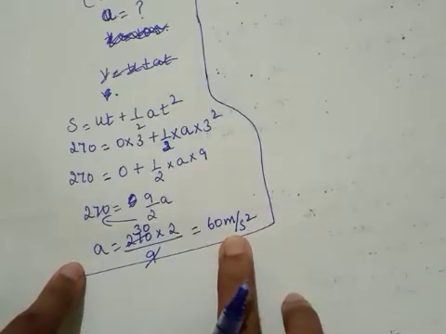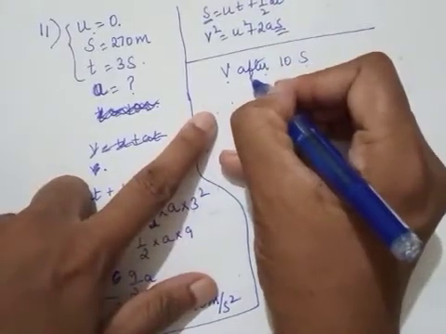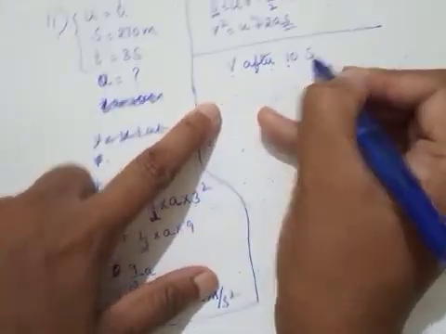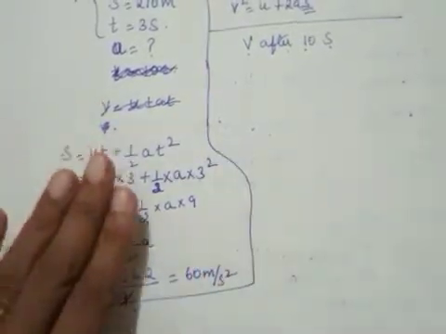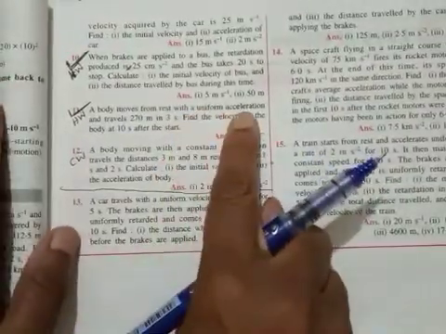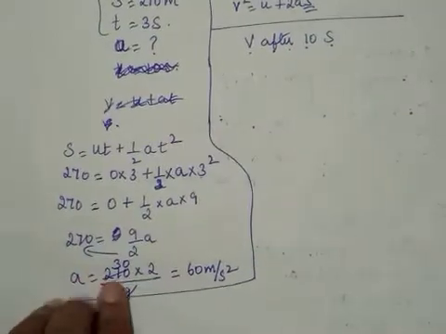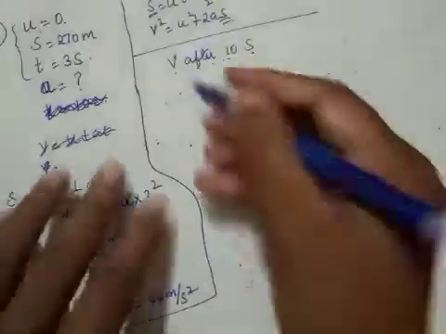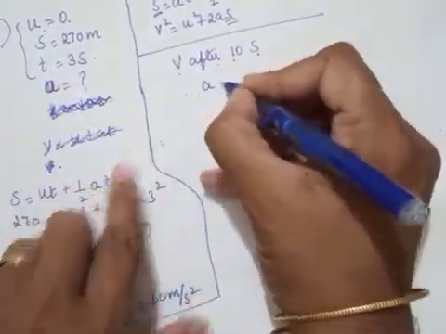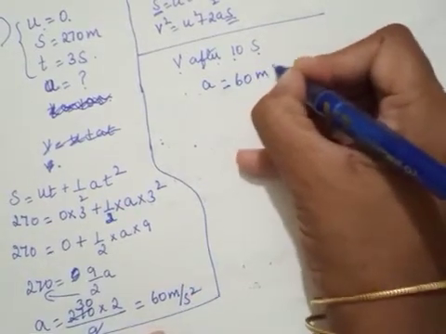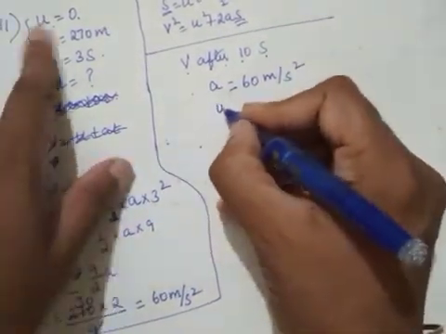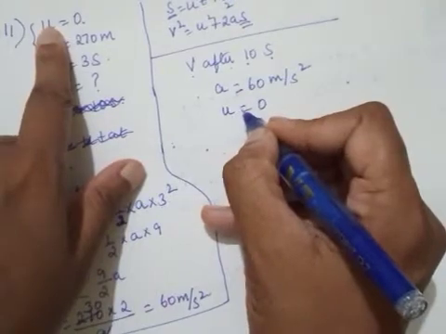But that's not what you're asked to find. You're asked to find V after 10 seconds. Now the body is going with a constant or uniform acceleration. That means its acceleration is going to remain the same for the whole journey. So even for this I can take acceleration as 60 meter per second square. Initial velocity was 0.